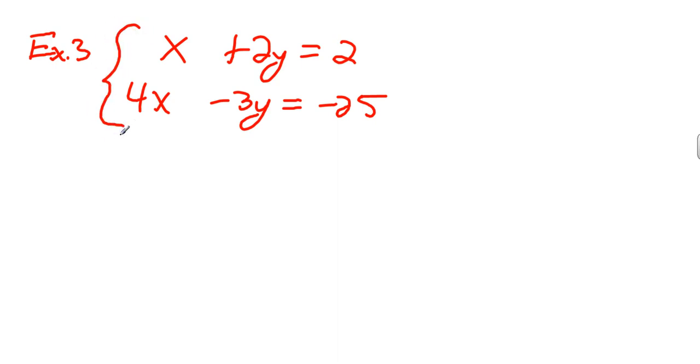Go x plus 2y is equal to 2. Go with 4x minus 3y equals negative 25.